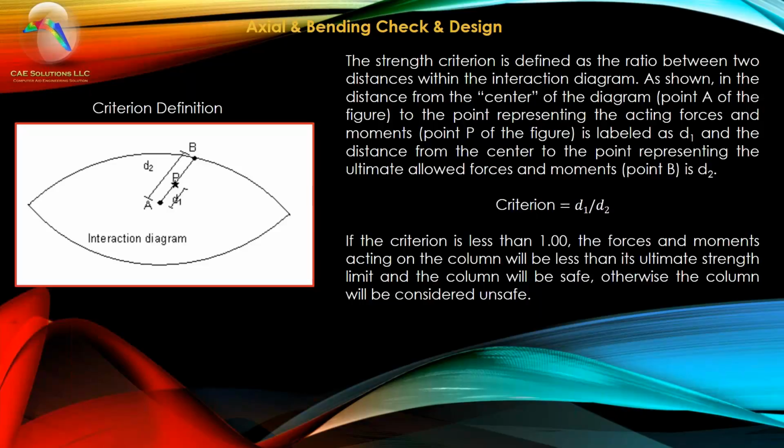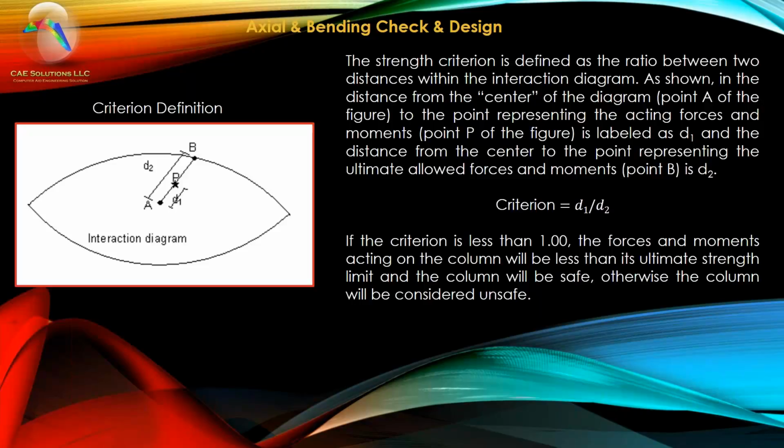And the distance from the center to the point representing the ultimate allowed forces and moments in the criterion definition, point B. This distance is defined as D2.